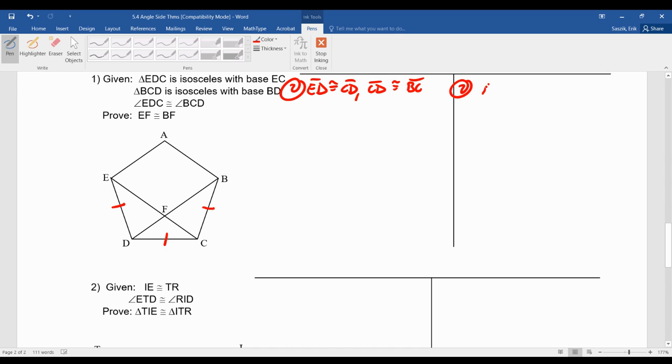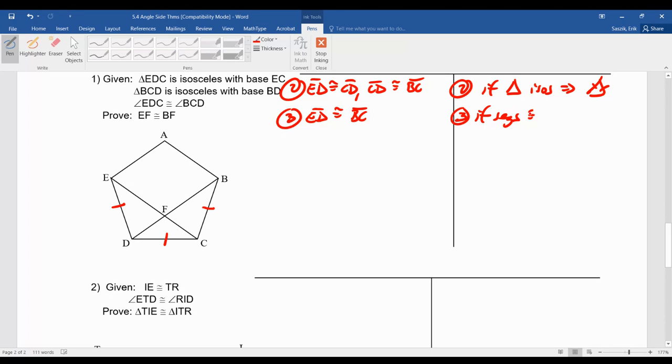And again, if triangle isosceles, then that gives you sides. Okay. Now I hope you realize we got CD referenced twice there. So ED must be congruent to BC. It's very easy to forget to do that.